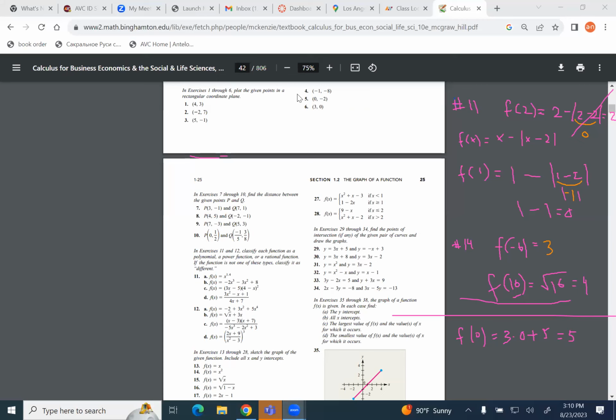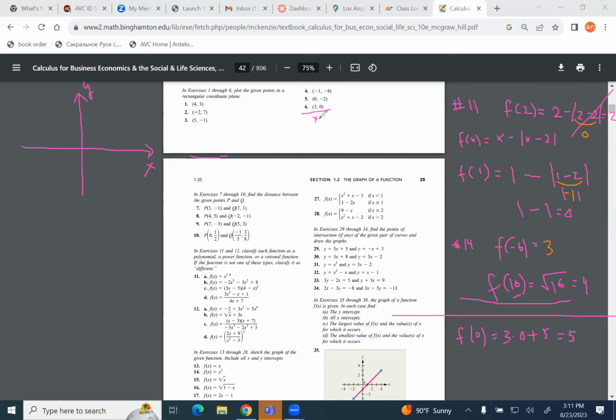So it looks like I can try to draw x, y, the so-called rectangular plane. And then I'm going to try to put points in, such as, for example, in exercise 6, 3, 0.